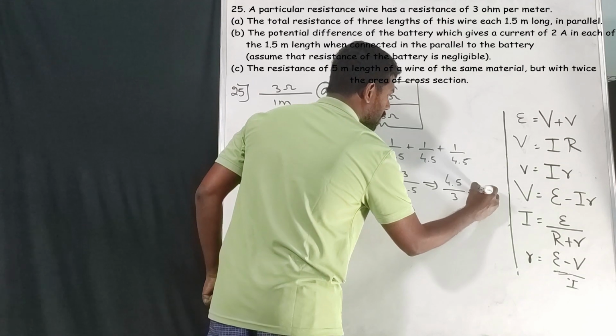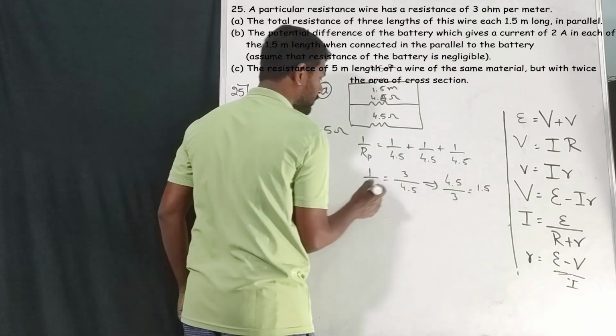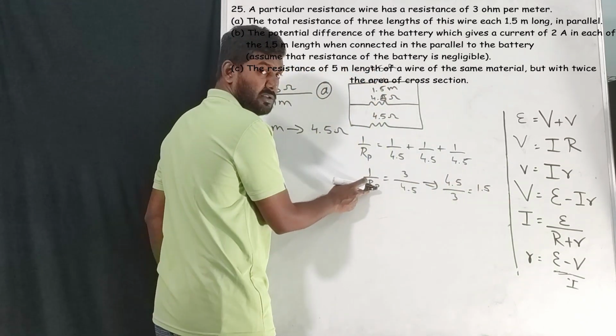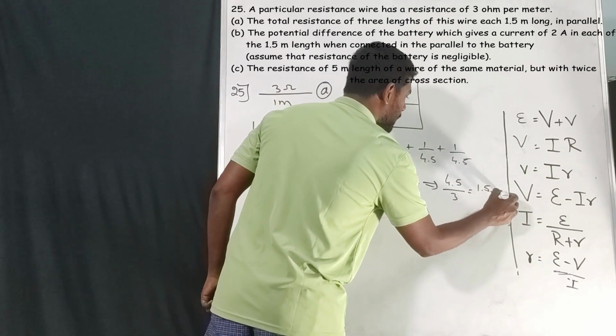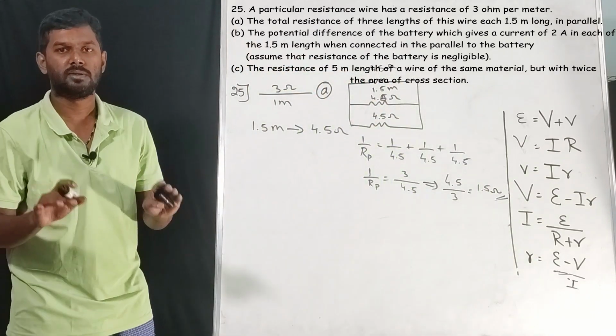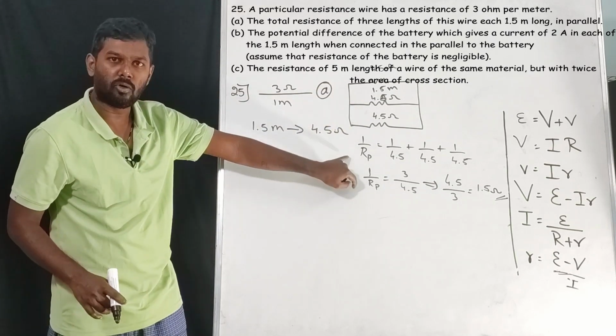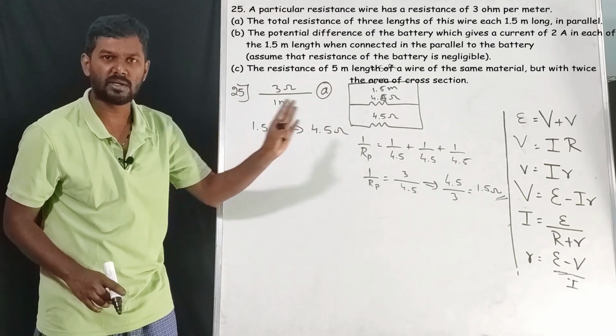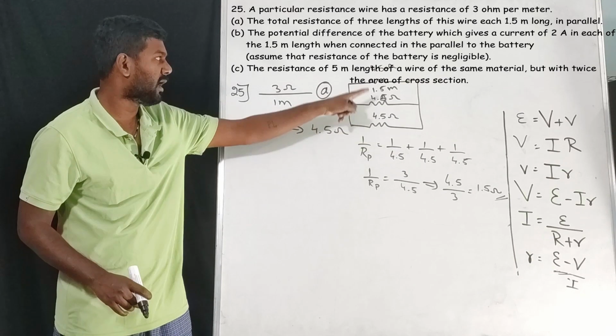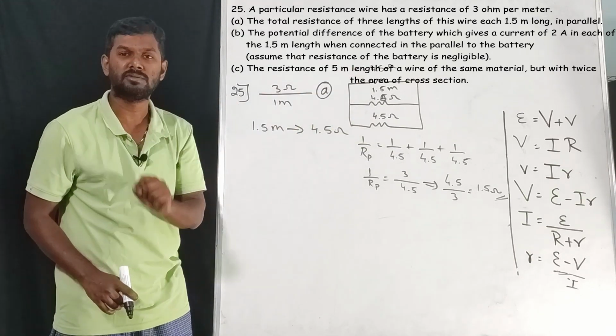So this will be 1.5. What are we finding? Resistance, right? So the unit will be 1.5 ohms. That's it. See, if you understand the concept, I know you know how to calculate resistance in series and resistance in parallel, but before that, finding that value is very much important.